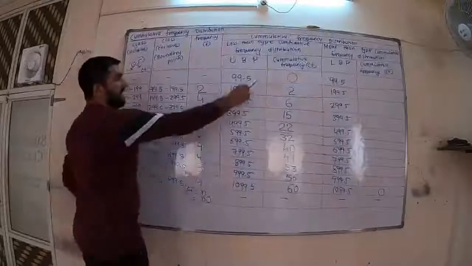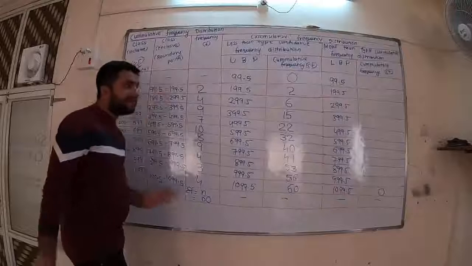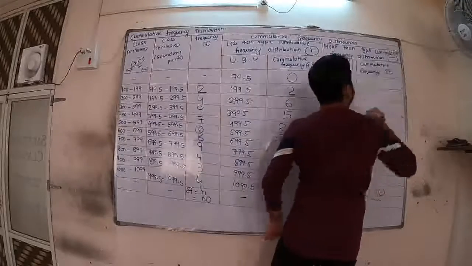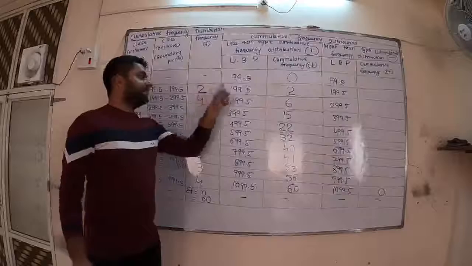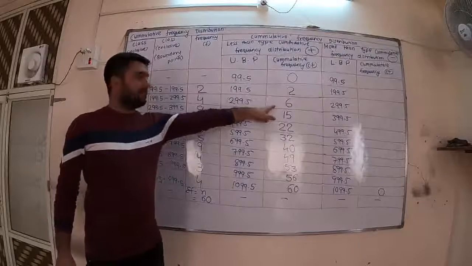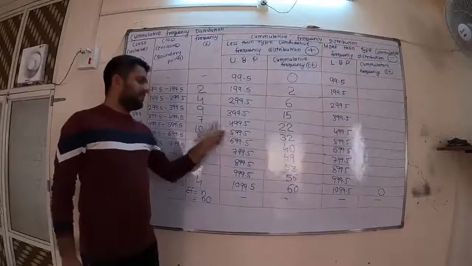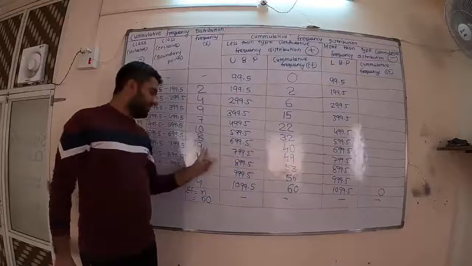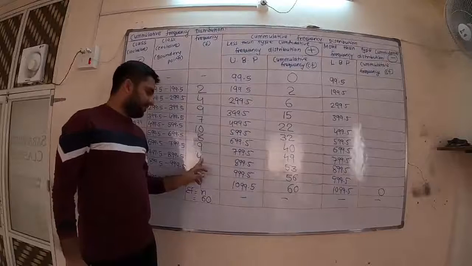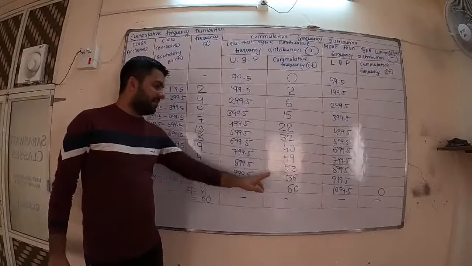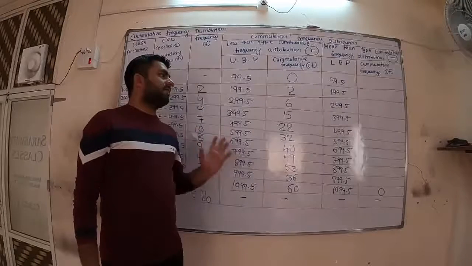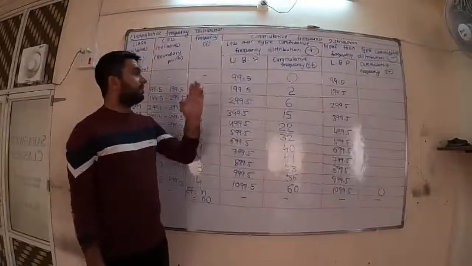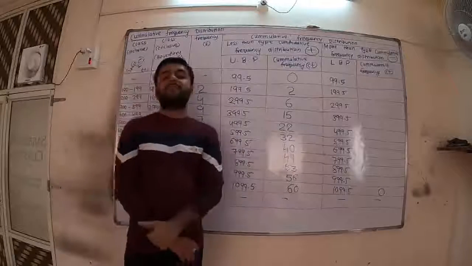Once more, start with 0 in less than type and then add each frequency. 0 plus 2, 2, 2 plus 4, 6, 6 plus 9, 15, 15 plus 7, 22, 22 plus 10, 32, 32 plus 8 is 40, 40 plus 9 is 49, 49 plus 4 is 53, plus 3 is 56, plus 4 is 60. Lastly you will get the total.